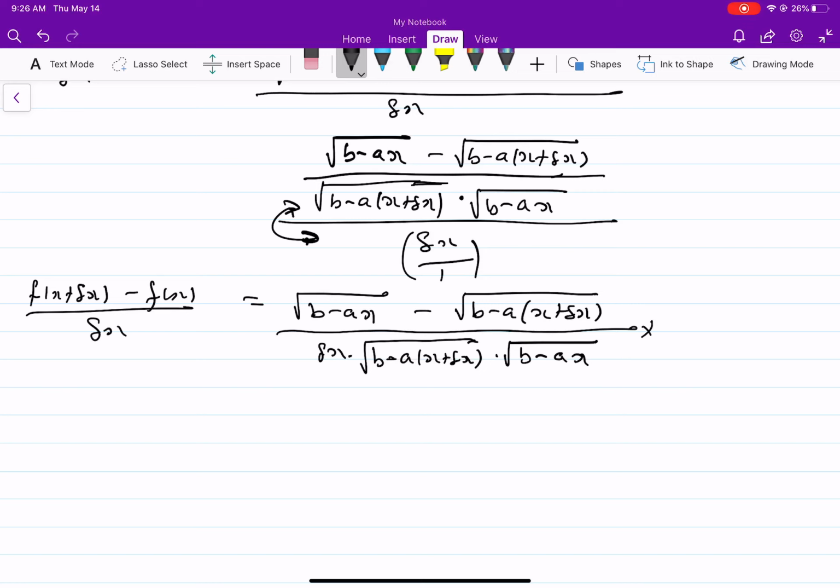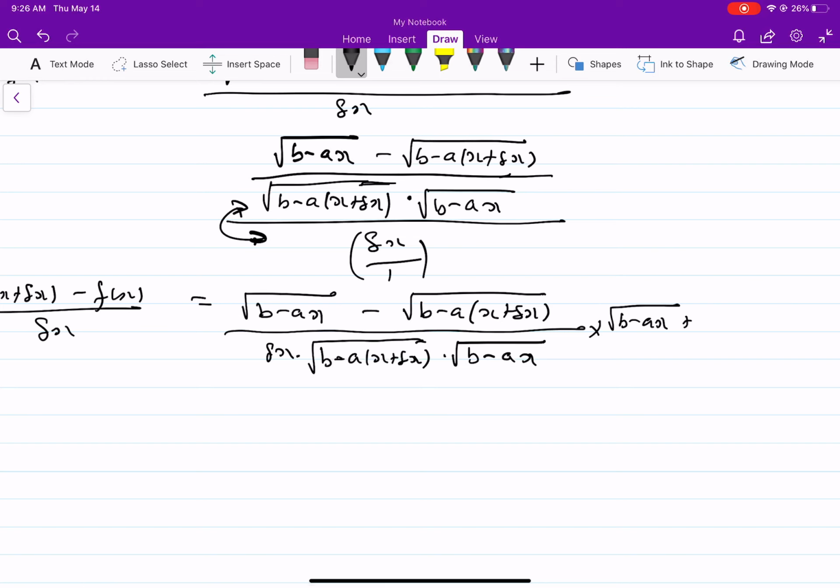So this will be times the root of b minus ax plus the root of b minus a into x plus delta x upon, same thing, the root of b minus ax plus the root of b minus a into x plus delta x.